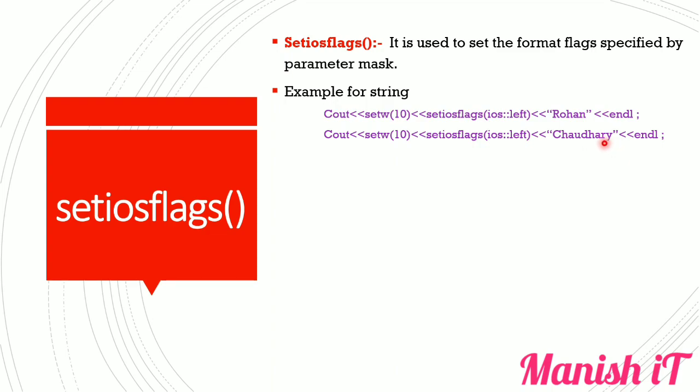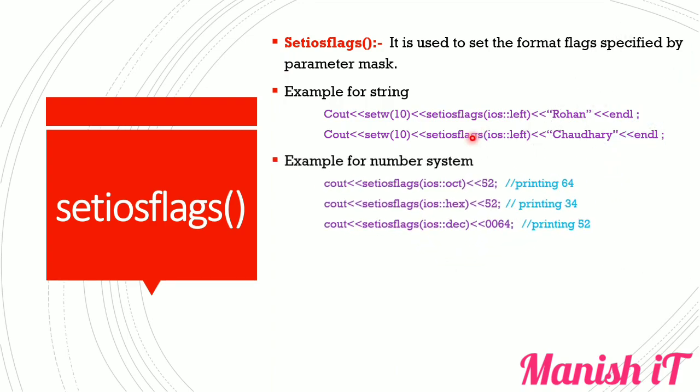So what happened? Here, to get the formatted output we need to set the ios flag. Everyone has seen the hotel bill, electricity bill, whatever is printed there, that is in formatted form. So we can also use this setiosflags with the number system.